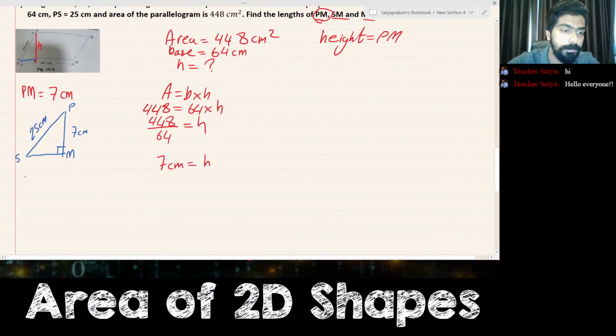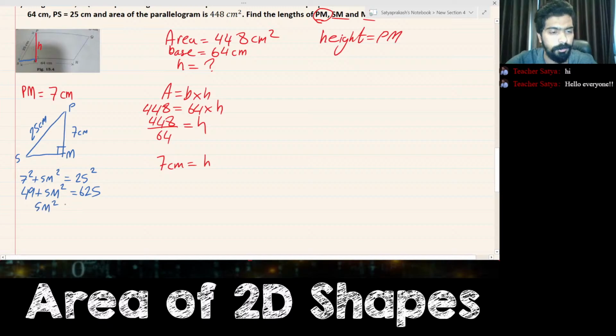So we have 7 square plus SM square is equal to 25 square. So we have 49 plus SM square is equal to 625. SM square is 625 minus 49. SM square should give us 576.